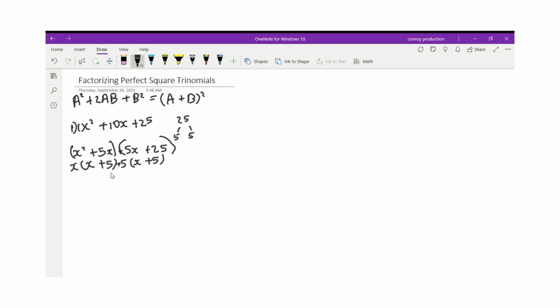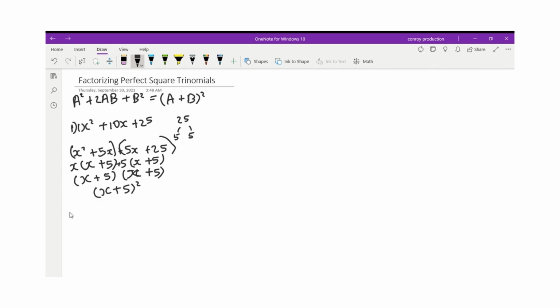And what the rule says, when we have two brackets that are the same, the terms outside the bracket we put in a bracket, x plus 5, and we keep one of the brackets, x plus 5. So we have x plus 5 and x plus 5, which is x plus 5 all squared.